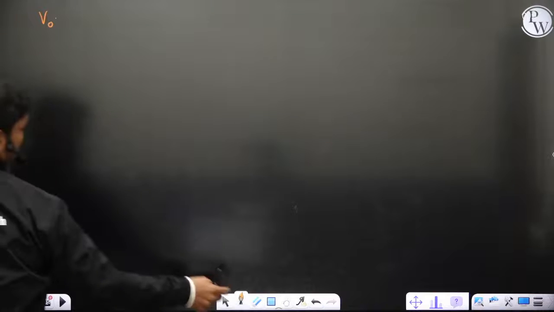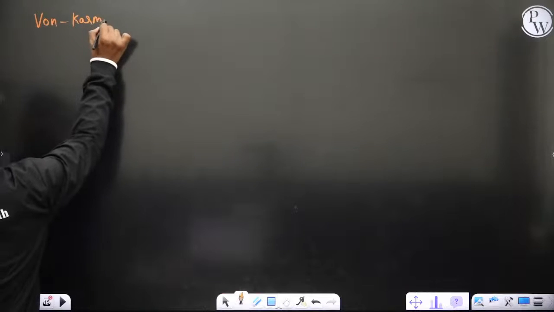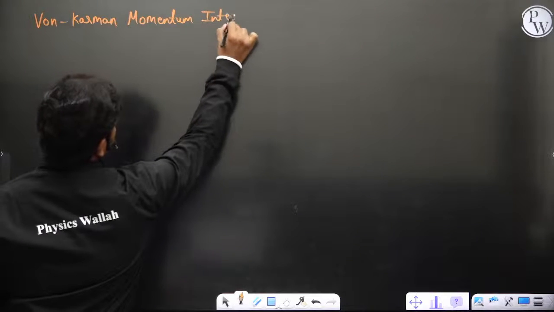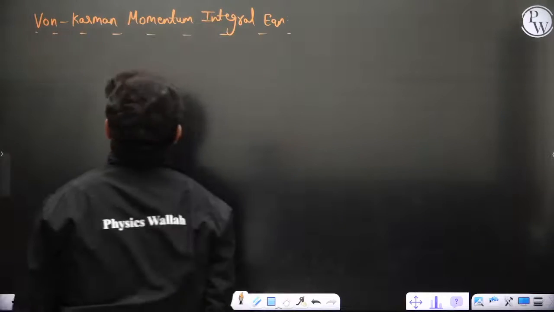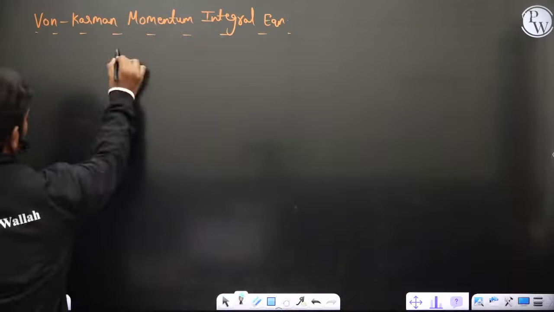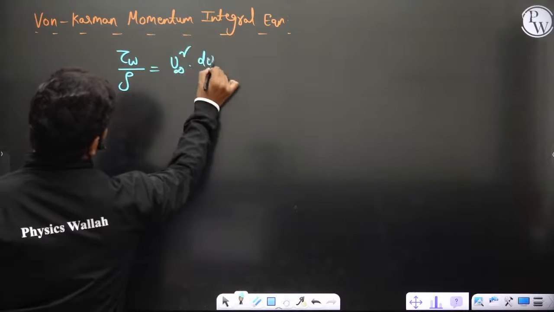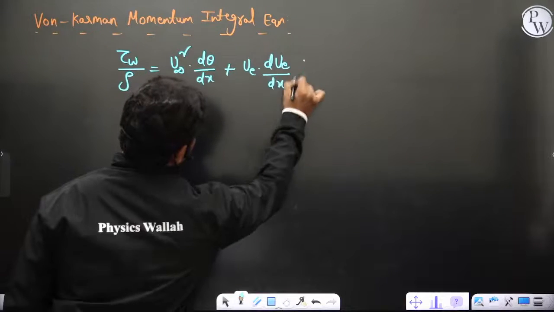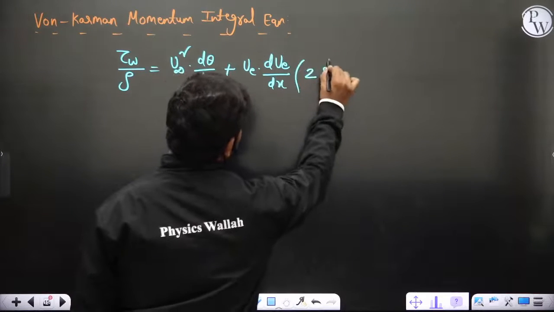We see von Karman's momentum integral equation. If you see this, we actually get tau w by rho is equal to u infinity square d theta by dx plus u infinity du infinity by dx into 2 times delta star plus theta.